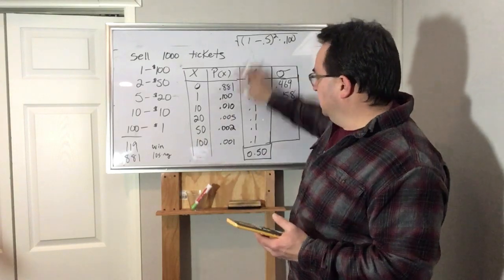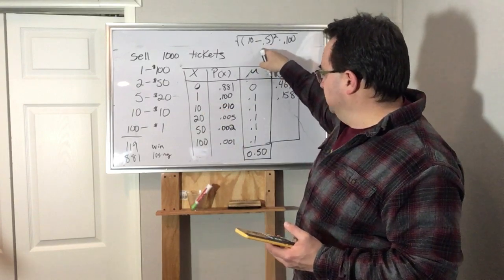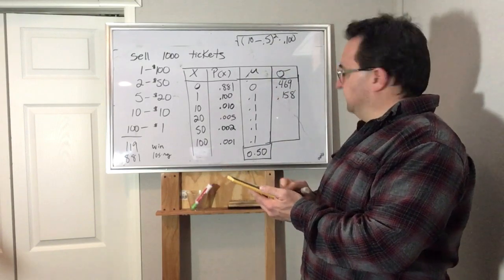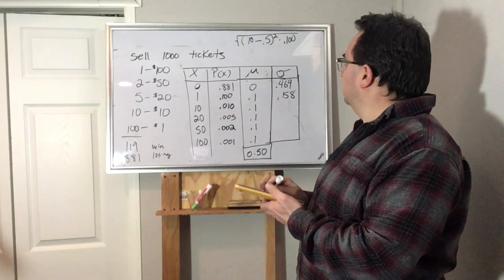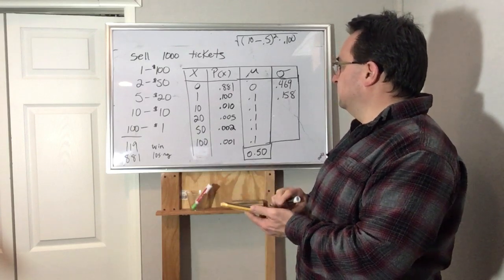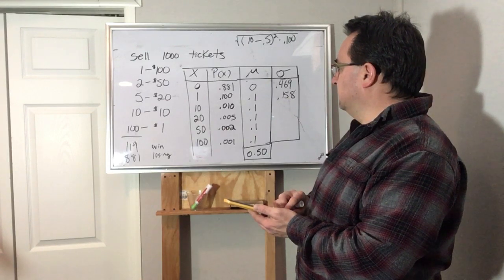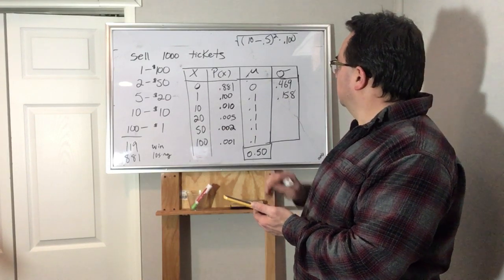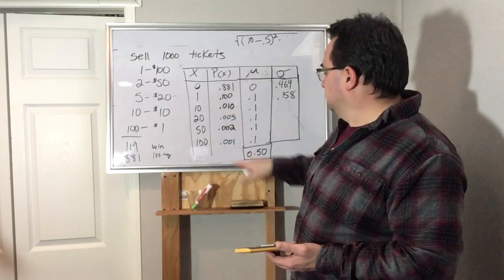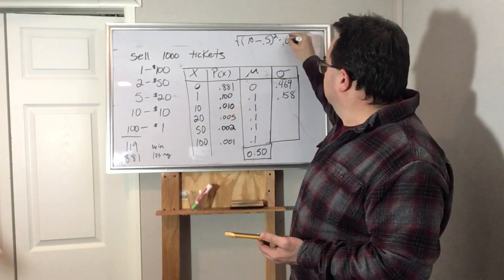0.158. Next is 10 minus 0.5, the mean, times its probability, which is 0.01.